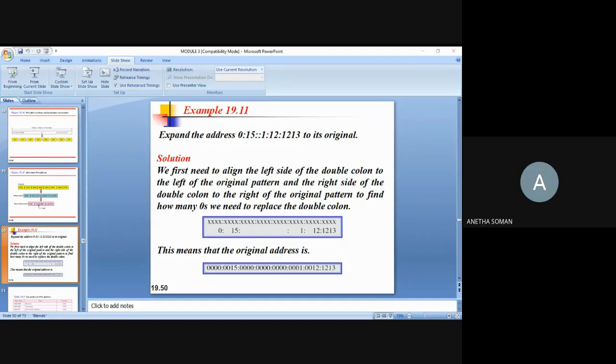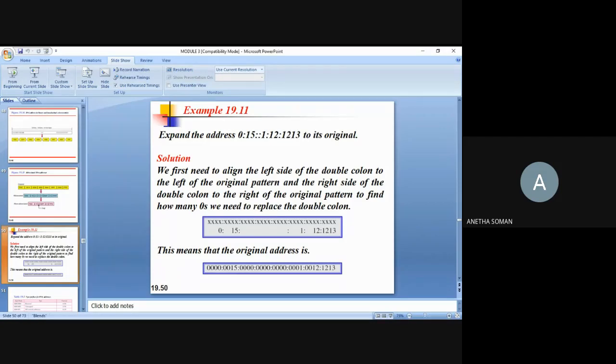Similarly, IPv6 is 128 bits, so the total address space is 2 power 128 addresses. You just imagine how many addresses are available. So 2 power 128 address space is possible in IPv6.